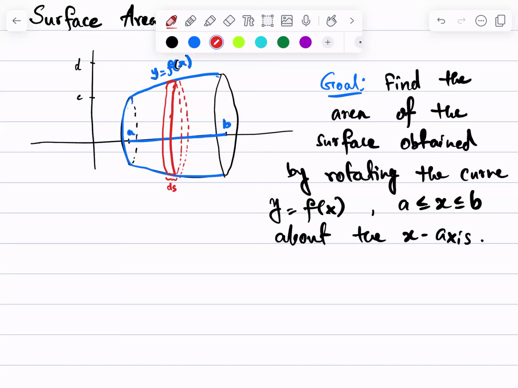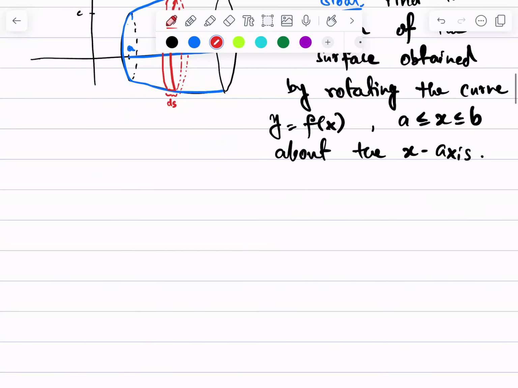If I draw it here again, it'll be something like a circle, right? So this is radius r, and this thickness is ds.